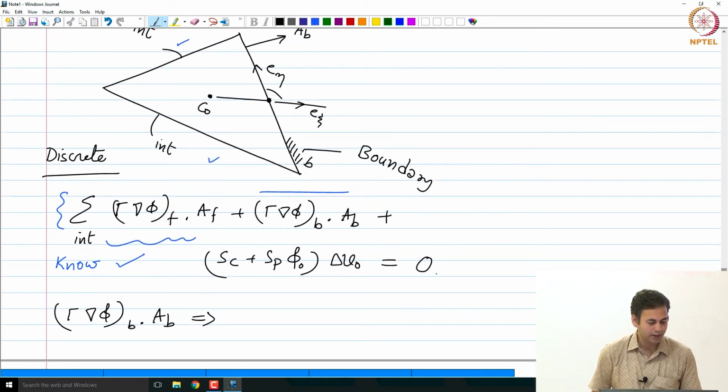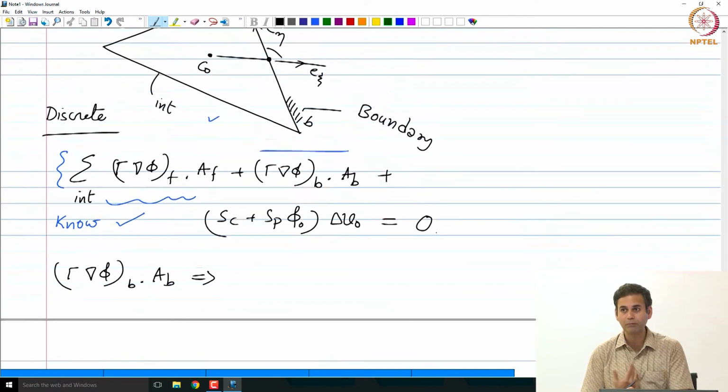So, again this can be written in terms of 2 gradients, one along xi and one along eta, just like what we have done for any interior cell. The same steps follow. Whatever we have done for the interior face can be done for the boundary face. The only thing is that instead of A f you now have A b.